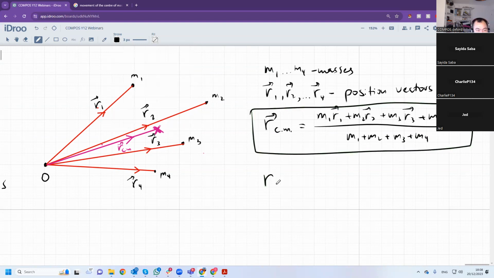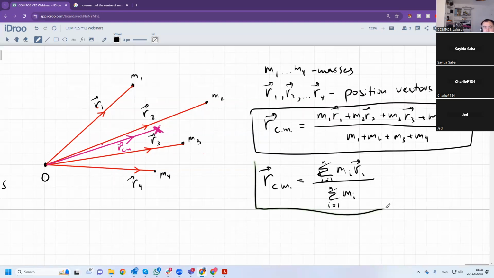There's a brief version: the position vector of the center of mass is the sum of Mi Ri divided by the sum of Mi, where i goes from 1 to n.